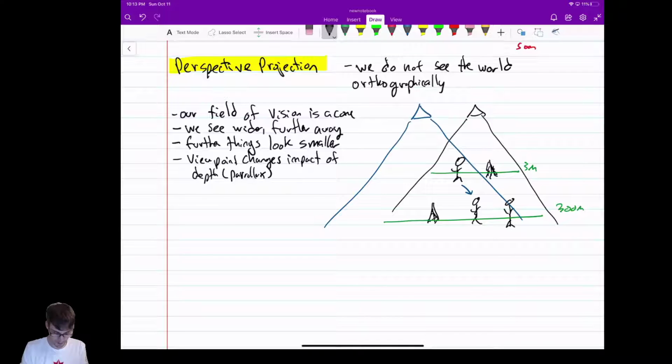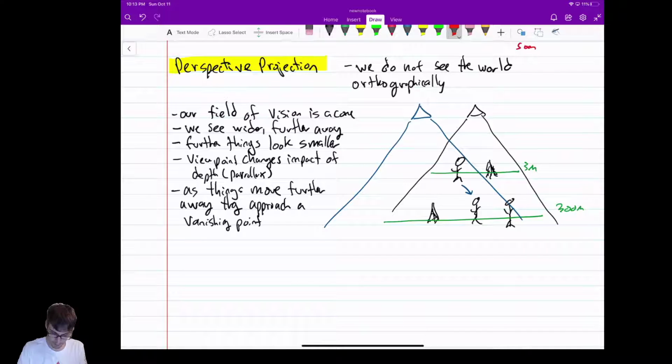Also, as a result of all of this, as things move further away, they appear to approach the center of my vision, a vanishing point. They go off into the sunset, really. They approach a vanishing point.